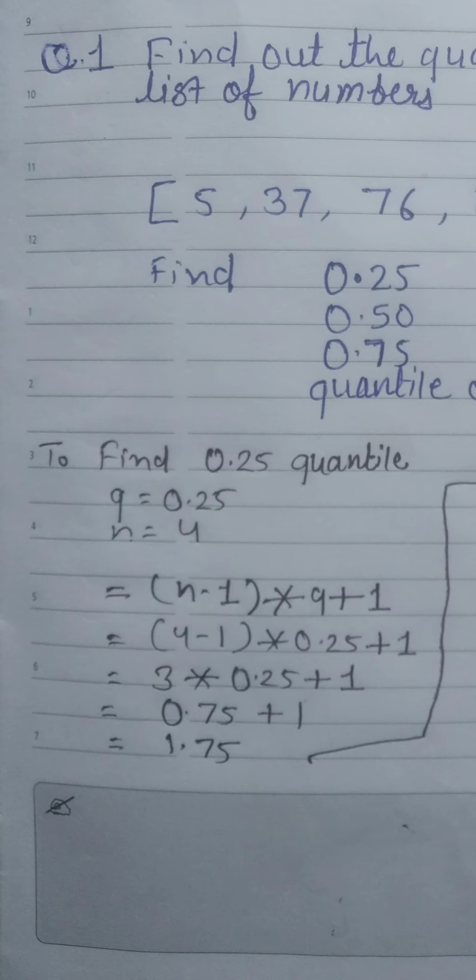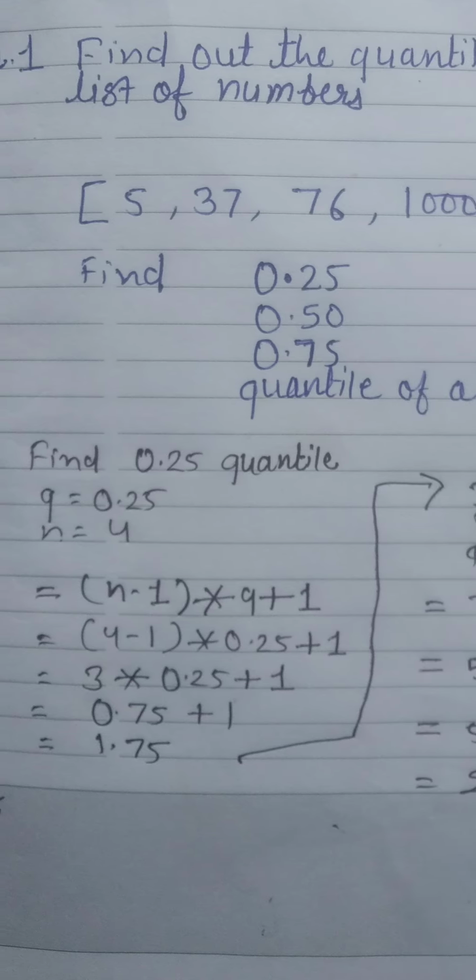So quantile q is 0.25, n is 4. Now I fill the values into the formula. The formula is (n minus 1) times q plus 1. N minus 1 means 4 minus 1, times q means 0.25, plus 1.